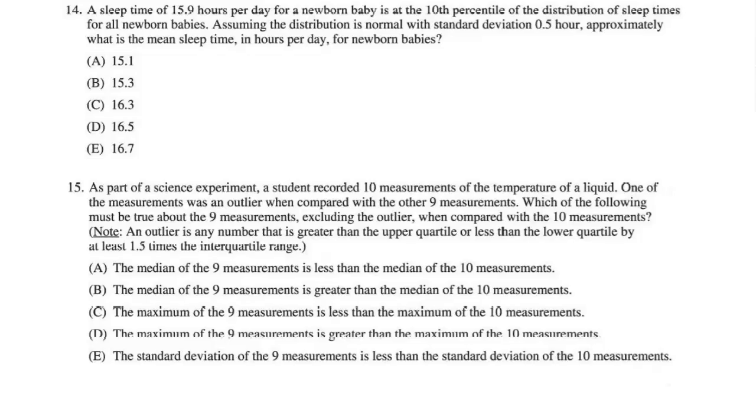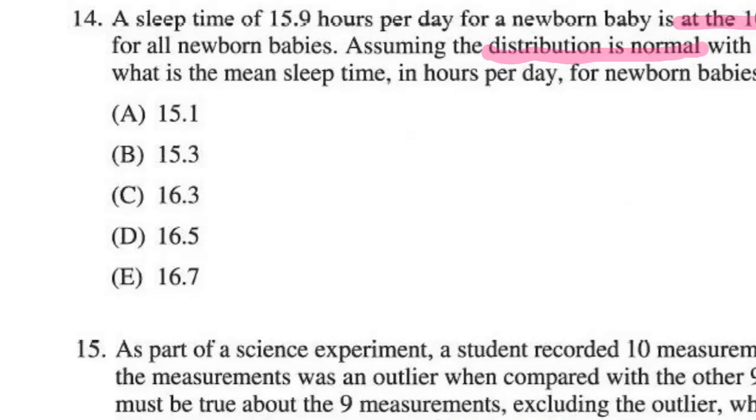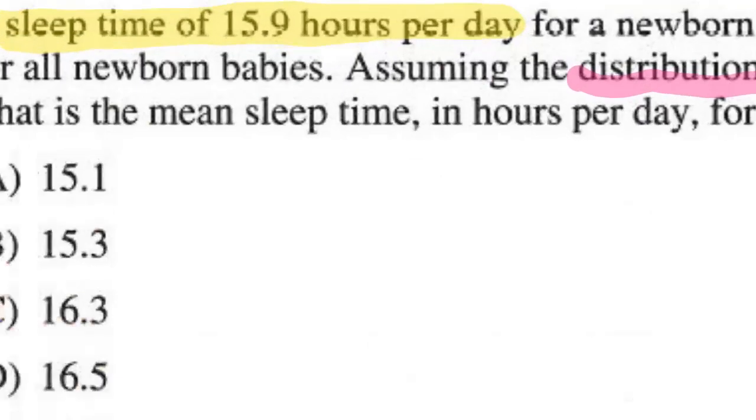Question 14. 50-50 on this one. A sleep time of 15.9 hours per day for a newborn baby is at the 10th percentile of the distribution of sleep times for all newborn babies. Assuming the distribution is normal with a standard deviation of 0.5 hour, approximately what is the mean sleep time in hours per day for newborn babies? And we have what the sleep time is that is at the 10th percentile.